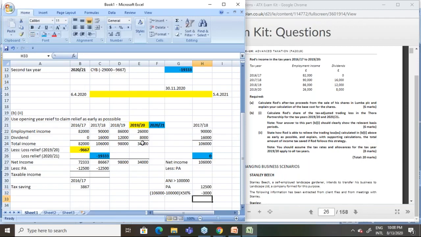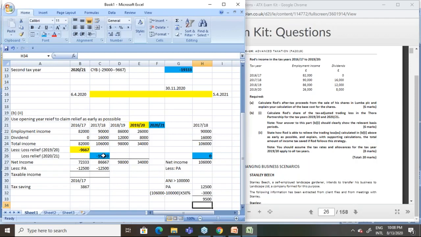So if I did not claim the loss relief, then my personal allowance would have been not 12,500, but 9,500. As a result of the loss relief claim, now I am in a position to claim the full personal allowance.